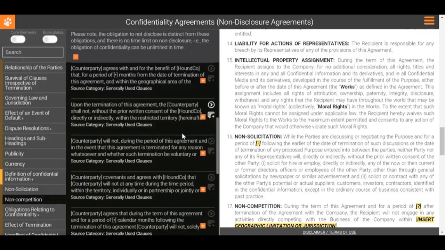That is, the recipient cannot use those leads for his or her own purpose without first providing this information that was gathered to the company. Usually, non-comp and non-solicitation and even non-circumvent provisions will survive the termination of the agreement. So for a certain period of time, the recipient of the NDA is still bound by these restrictions that are defined within these clauses.